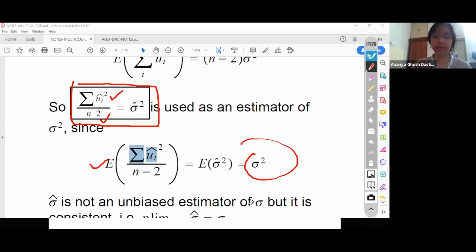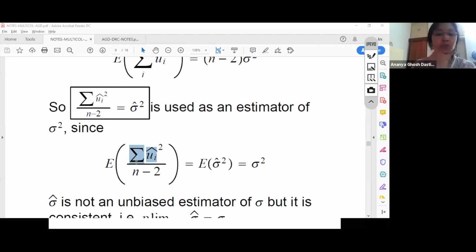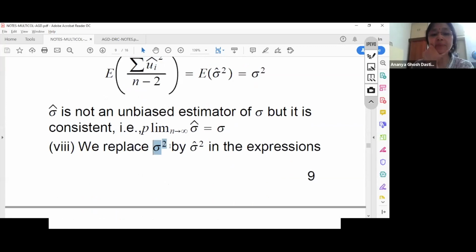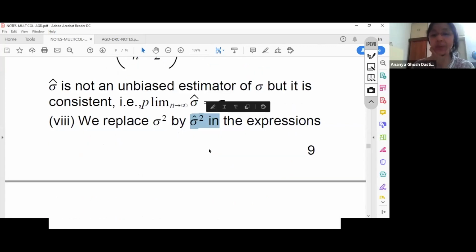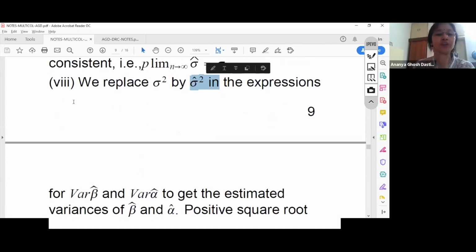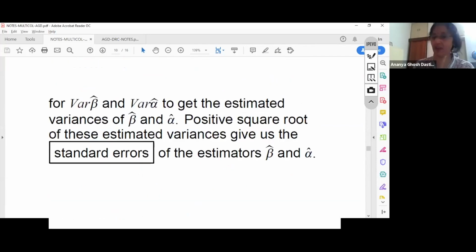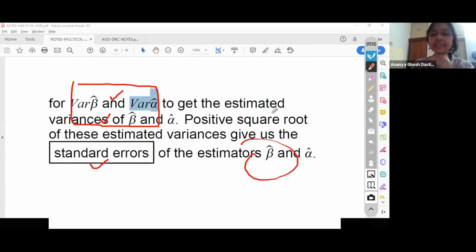Okay. Now what do we see? Once we replace sigma square by sigma hat square in the expressions of var alpha hat and var beta hat, we get the estimated variances of beta hat and alpha hat.